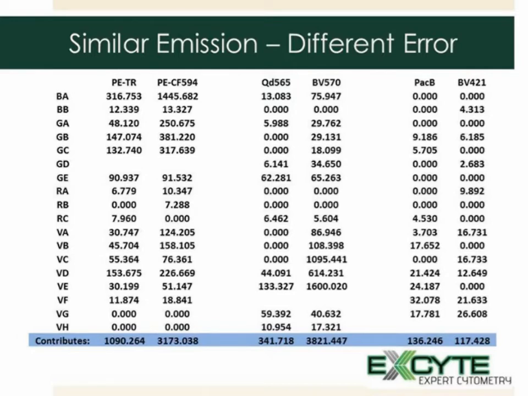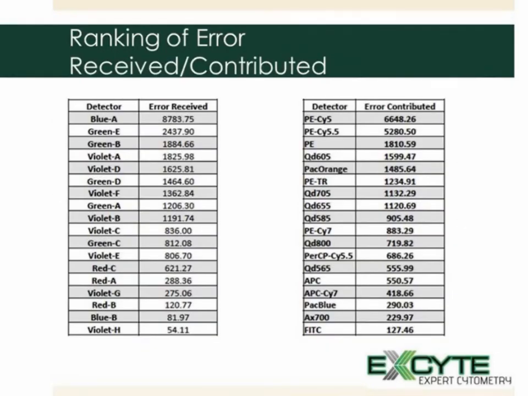What I can do for my panel design is take this information and give you a chart for your instrument that gives you what detectors receive the most error, assuming all the fluorochromes are present in the panel, versus what fluorochrome, shown on the right, contributes the most error.